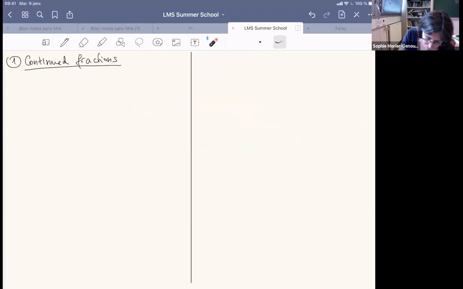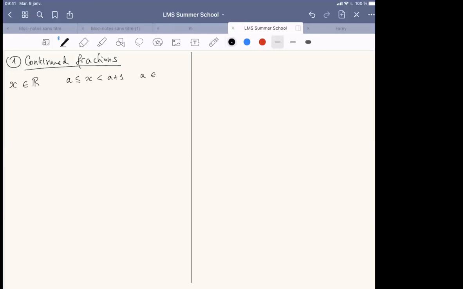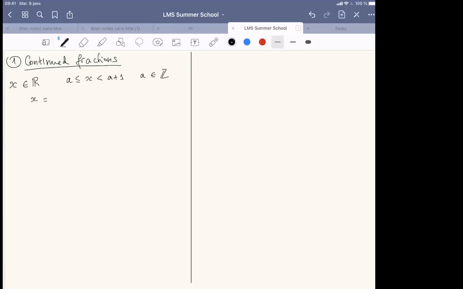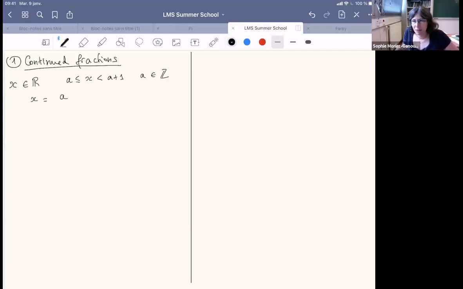So what is a continued fraction? If you pick a real number, x, of course, you know that you can insert x between two consecutive integers. So let's call them a and a plus 1. A is an integer. So you have x, which is a, an integer, plus something else you need to correct.